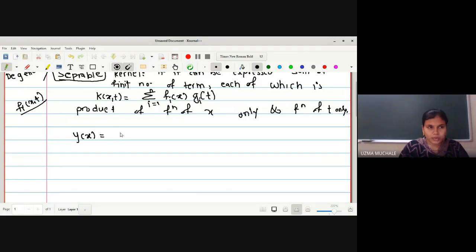Have you seen the notes that I have shared? Types of integral equations. Rather, I have shared many notes. Have you seen them? Classroom work? No, ma'am. Why? Let me see whether it is shared.